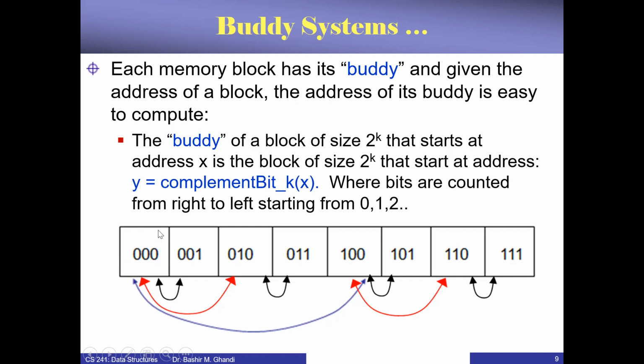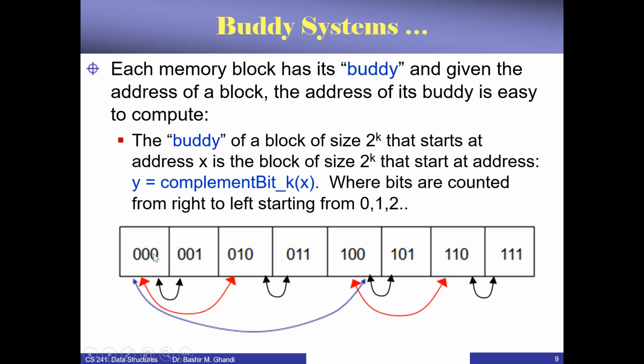All you have to do to know the address of the body is take the size. The size is 1, so convert 1 as a power of 2. Obviously 1 is equal to 2 to the power 0, which means k is 0. Therefore, to get the address of the body, just complement bit number 0.